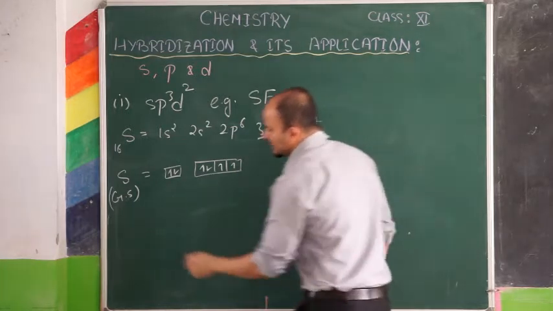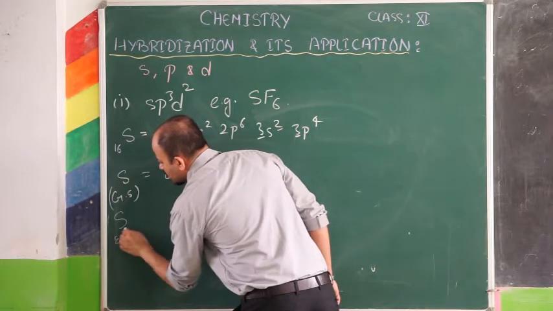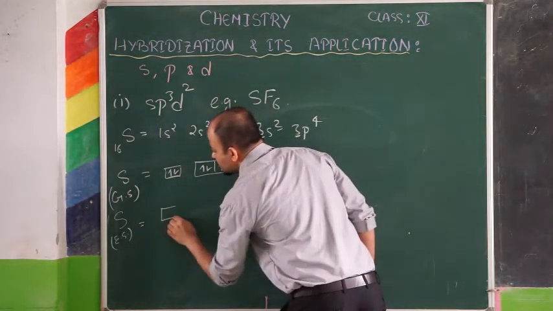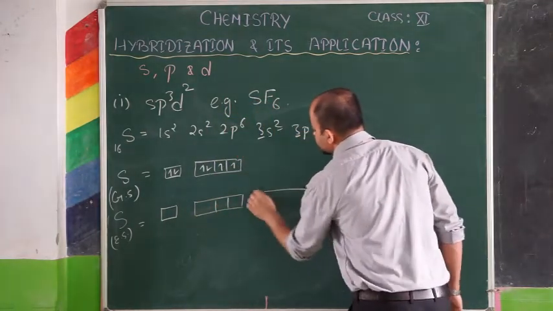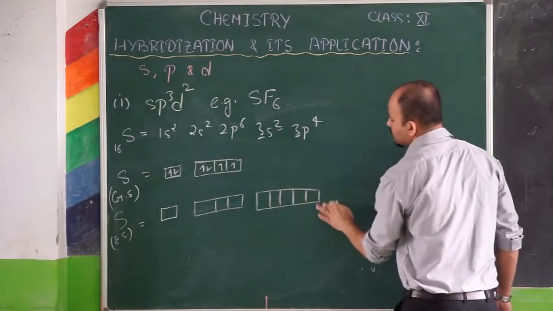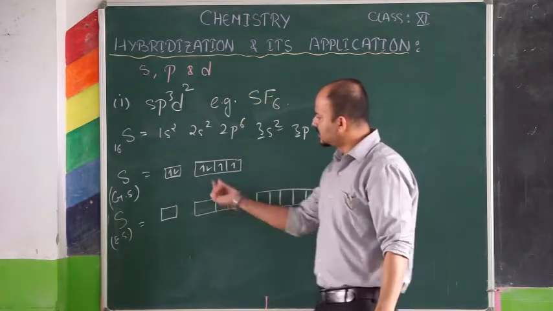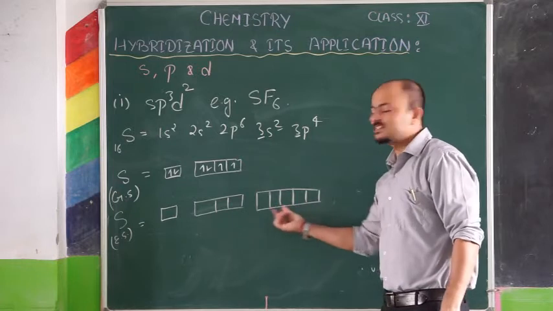As you know, sulfur also lies in the third period. Therefore we also have vacant d orbitals, 1, 2, 3, 4, 5. Now once it is excited, what will happen? This pair of electrons will be shifted to the vacant d orbitals.